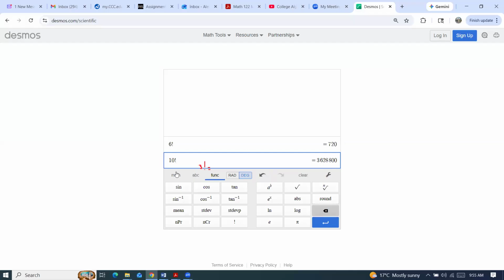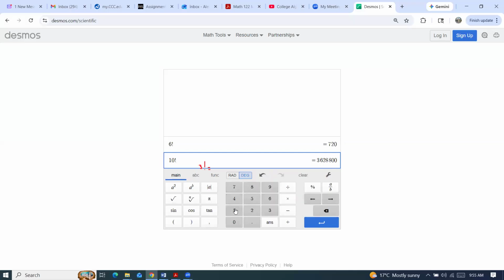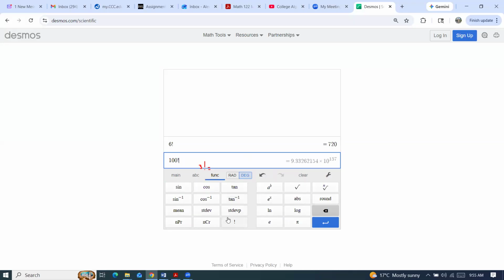You can try to find something like 100 factorial, for example. Get 100, and then functions, and then exclamation. And we can ask, what kind of number is this? Well, it turns out it's bigger than a googol. Did you know that a googol is also a number with 100 zeros attached to it?